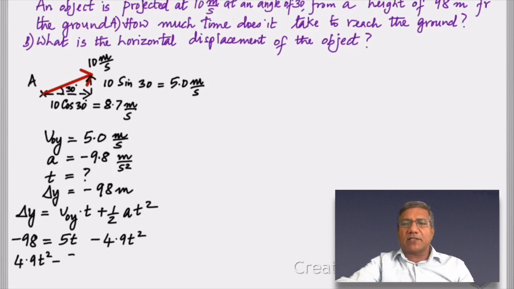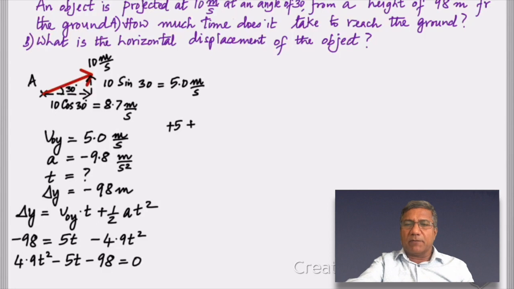Plug it into that. This time, fortunately or unfortunately rather, you get a quadratic equation. When you rearrange the terms and then try to solve the quadratic equation, you have to use the formula minus b plus or minus square root of b squared minus 4ac by 2a.